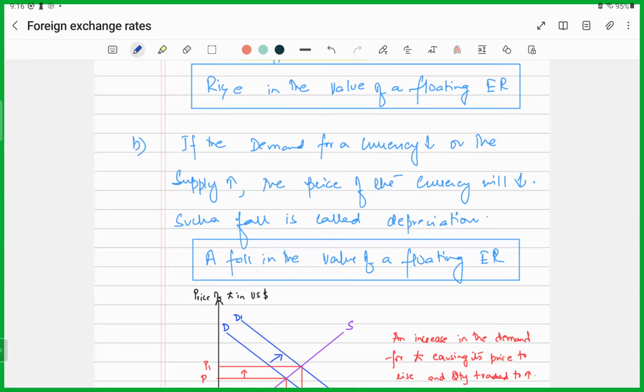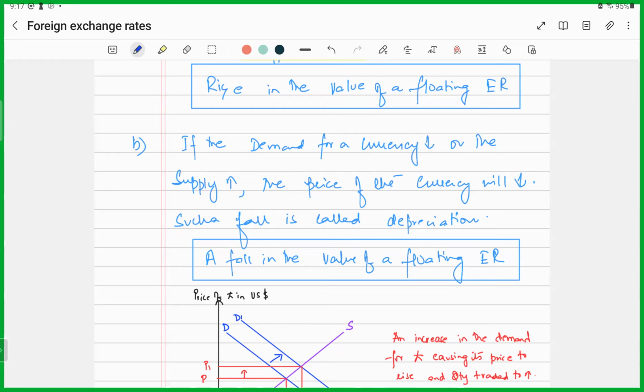Such a fall will be called depreciation, or in other words, a fall in the value of a floating exchange rate. A rise in the value of a floating exchange rate is called appreciation, and a fall is called depreciation.